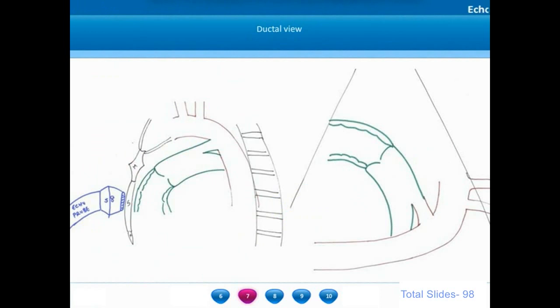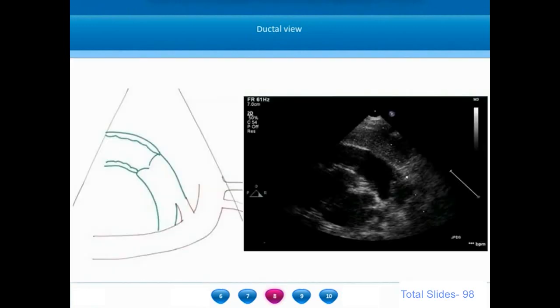By keeping the echocardiographic probe in that location, we are going to get a picture which is more or less representative of the same anatomic structures. On the right side, we are showing a model of the echocardiographic image. We see an exactly similar image on the ductal view, as shown in the adjacent video.